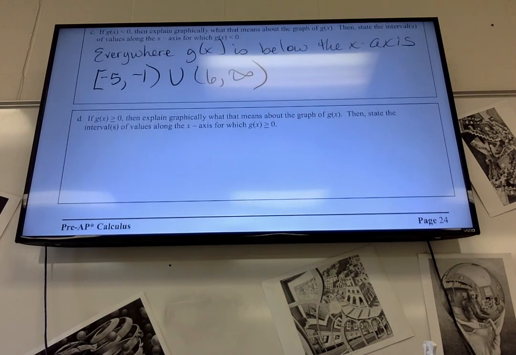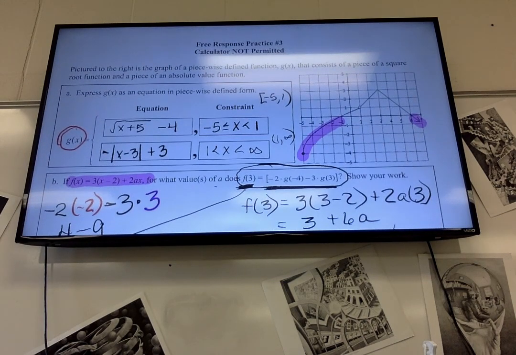Okay, I think this is the last one. Yep. So D. If g of x is greater than or equal to 0, then explain graphically what that means about the graph. So where on the graph is it greater than or equal to 0? Everywhere that's what? Above or on, because if it's or equal to, it would include all of those. That's greater than or equal to 0.